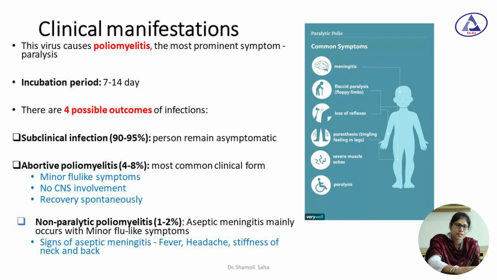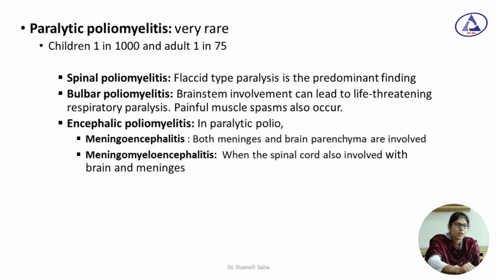What are the signs of aseptic meningitis? Fever, headache, stiffness of the neck and back. Paralytic poliomyelitis is very rare: in children 1 in 1000 and in adults 1 in 75 cases.